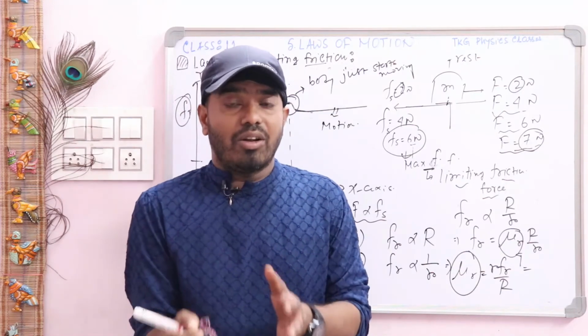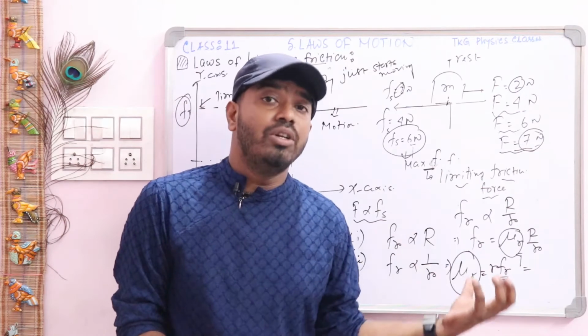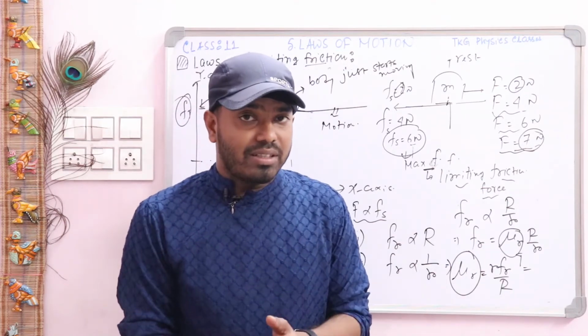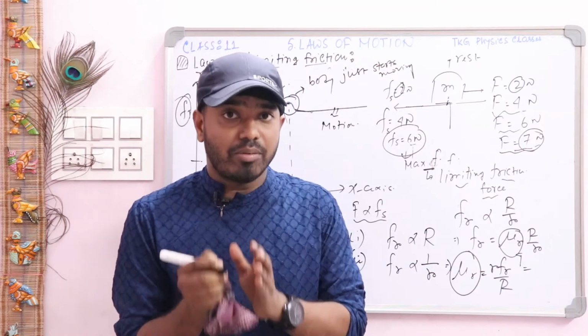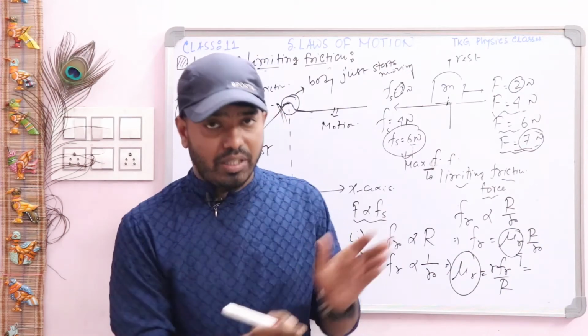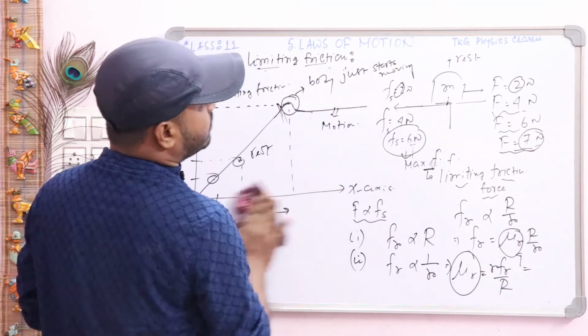So we learned the laws of limiting friction, static friction, kinetic friction, and rolling friction. Now we will discuss some basic concepts. This part is very important, students, for beginners. See the basic numericals of frictional force.